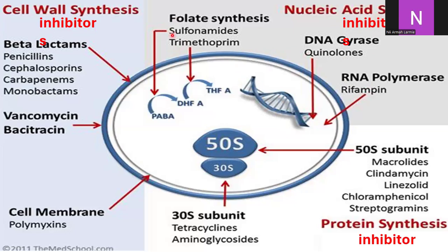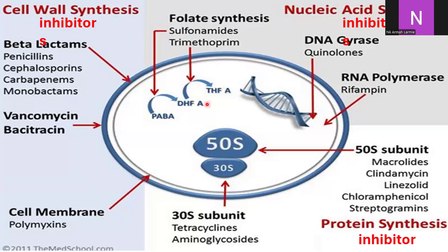Then we have the indirect DNA synthesis inhibitors. Now, notice that here in the picture, this enzyme inhibition is actually direct on the DNA. But in the folic or folate synthesis inhibition, notice that it is indirect because the inhibition of this process here prevents the folic acid needed from being incorporated into the DNA.